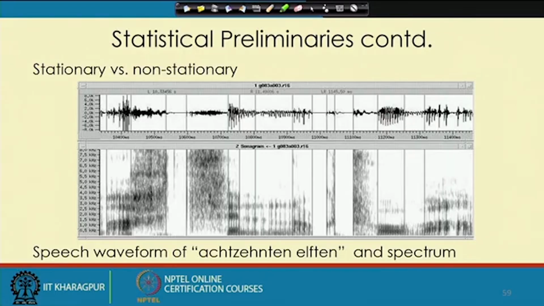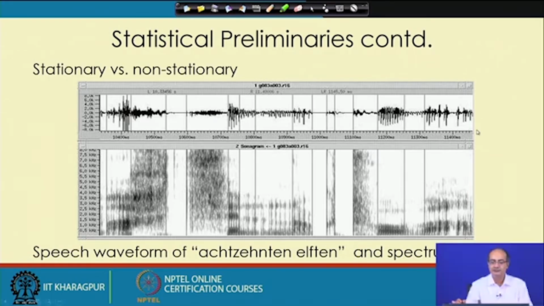Here we can show some example of the stationary and non-stationary signal. If we look at the top graph, it is a stationary signal if we look at in a small window, but if we look at the overall signal, we can get it very clearly that signal envelope is actually changing.